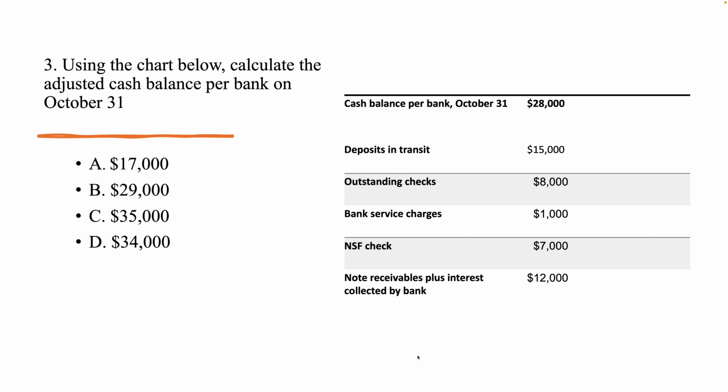And we have the cash balance before adjustment of $28,000. And we add deposit in transit, $15,000. And we subtract outstanding check, $8,000. So the adjusted cash balance is $35,000.